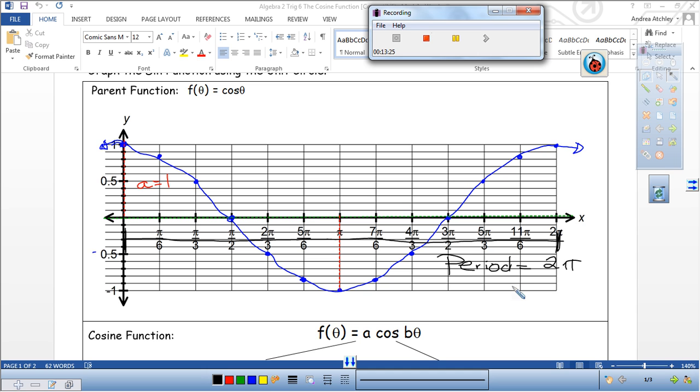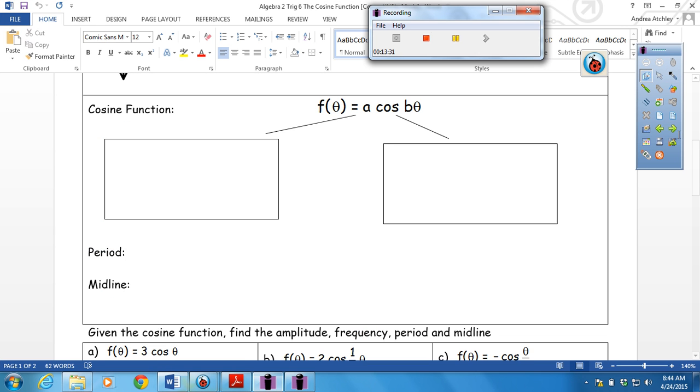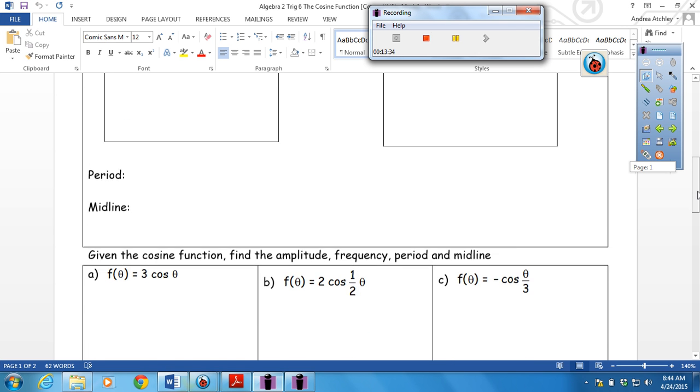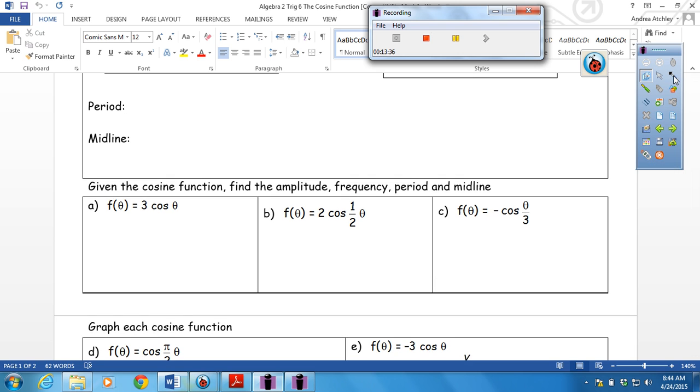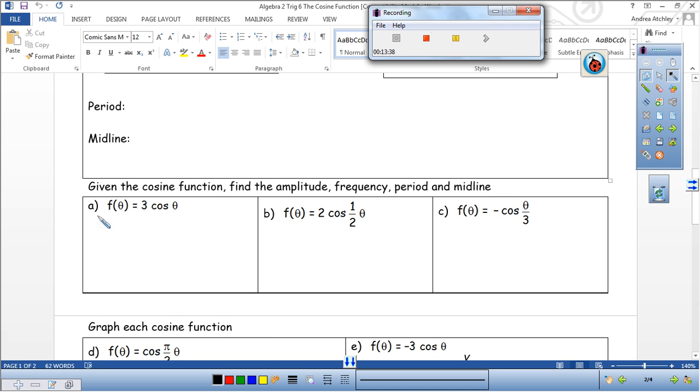Any questions over that? Okay, so just like we did yesterday or on Tuesday, we want to find the cosine function, find the amplitude, the frequency, the period, and the midline.